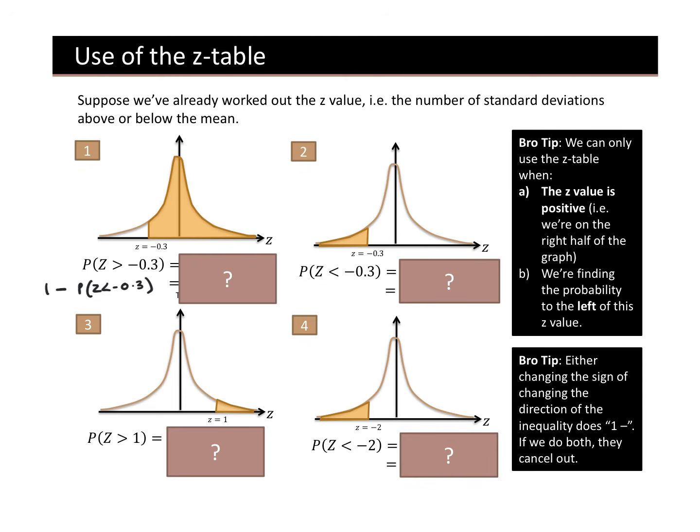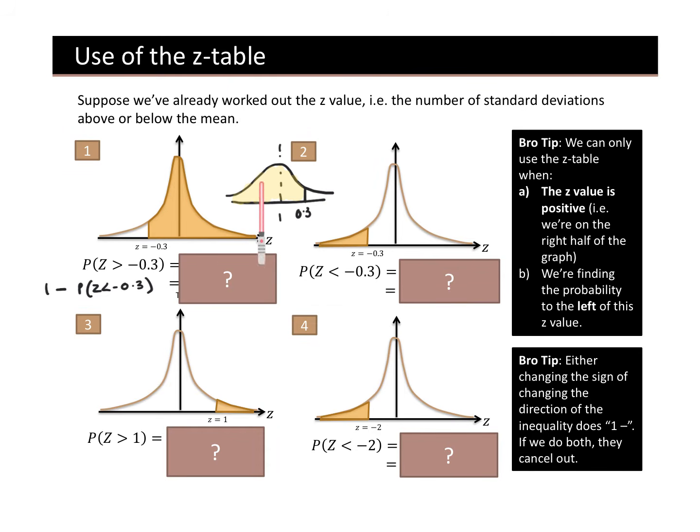Okay. What else do we know? We know that this curve is symmetrical. So actually, finding where our z is less than 0.3 is going to give us the exact same area, because that chunk to the right is going to be the same as this chunk here on the left.